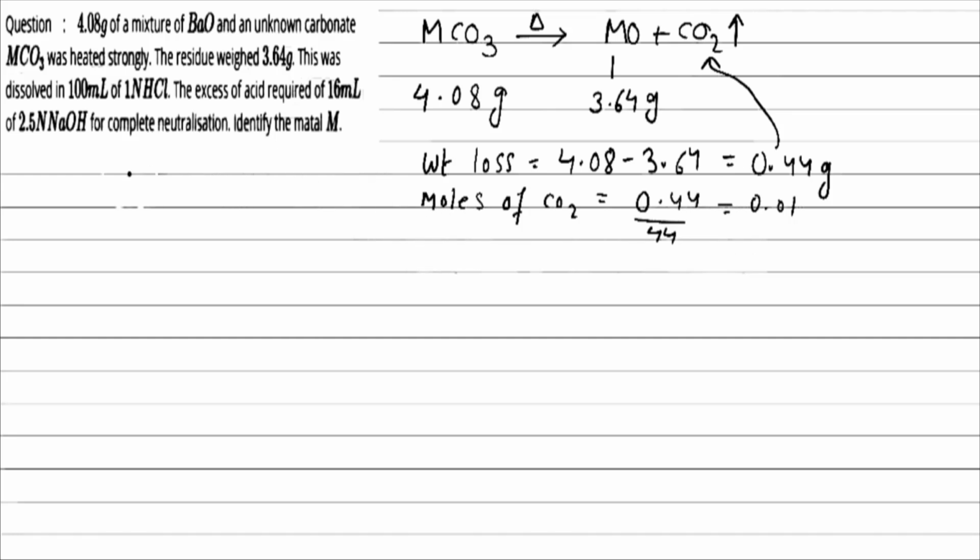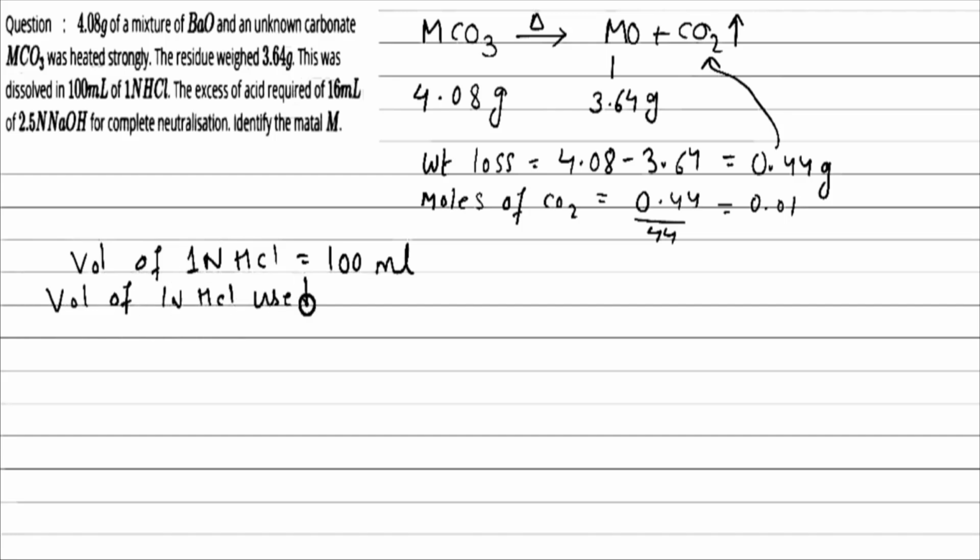Now the volume of 1 normal HCl is given as 100 ml. Let us find the volume of 1 normal HCl used in the dissolution.